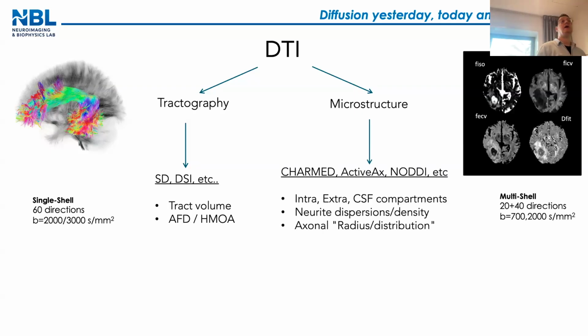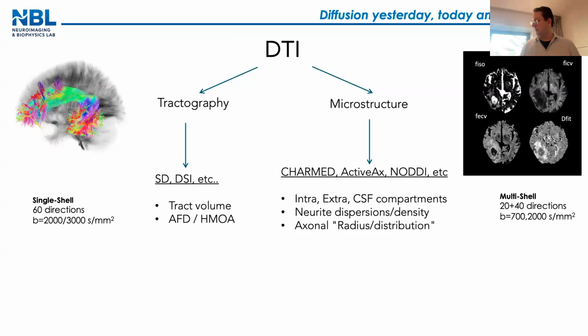On the other side, people wanted to look in a more complex way at how water moves inside different tissues, for example to separate different compartments. This is what we call microstructural imaging, and it requires something else, different diffusion behavior. But again, we are limited to 60 volumes in total.